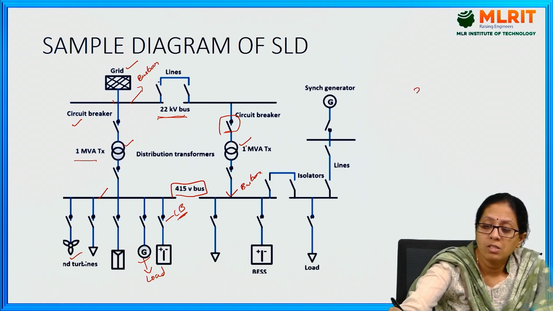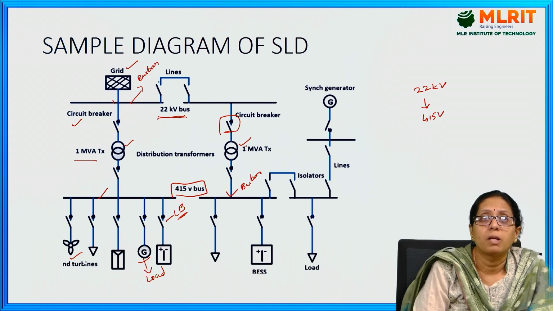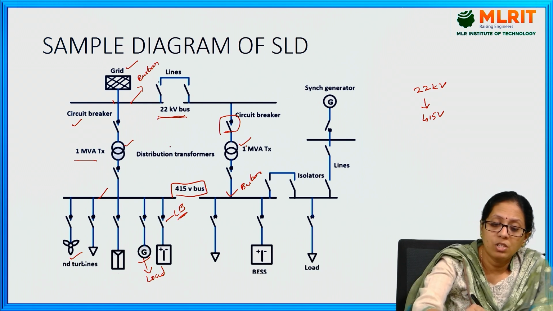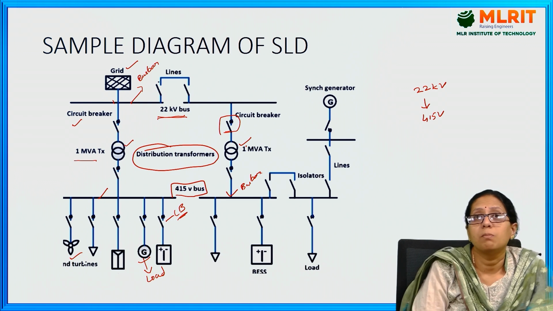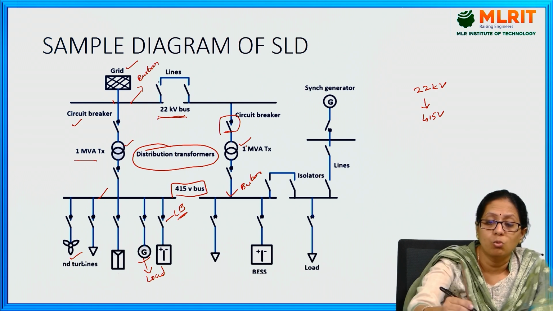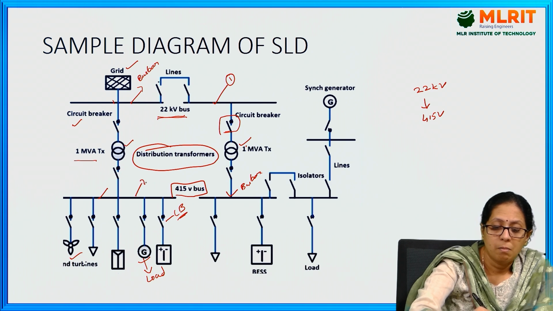Previously it was 22 kilovolts. Now it is reduced to 415 volts. That is the distribution transformer which is being used between these two bus bars. This is bus bar 1 and this is your bus bar 2.